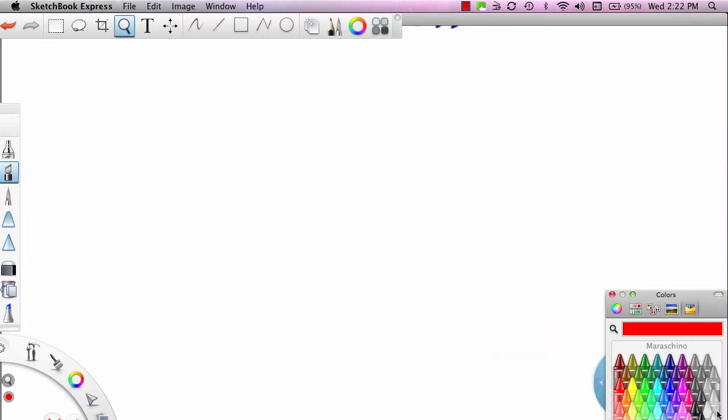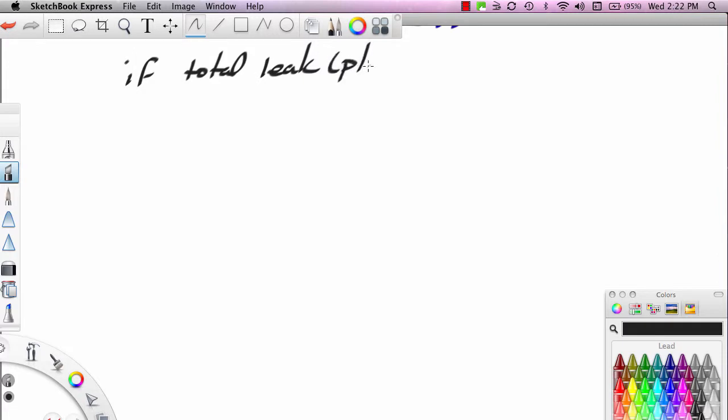Okay, we'll go back to black. So if total leakages, this is planned, are greater than total injections, then spending will be weak.